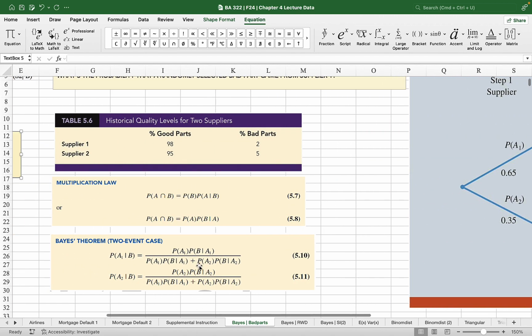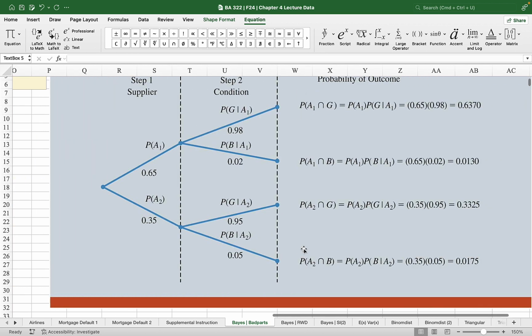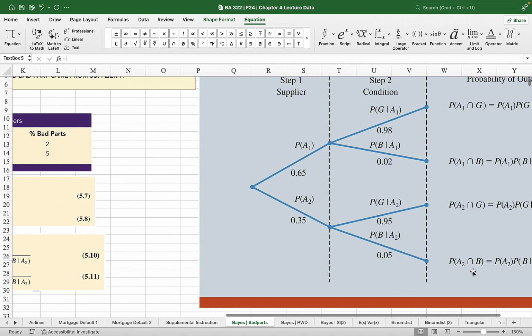And the second half of this expression, the probability that it came from supplier 2 multiplied by the probability that it's bad given that it came from supplier 2, is this line down here. The probability that it came from supplier 2, 35%, multiplied by the proportion of supplier 2's parts that are bad, which is 5%, meaning, basically adding up all the bad parts.